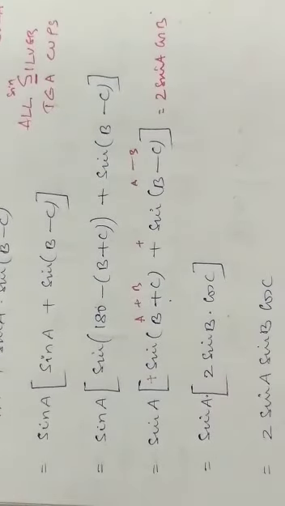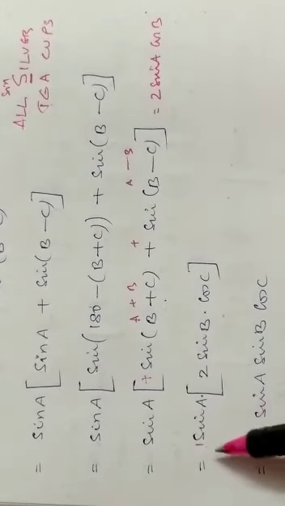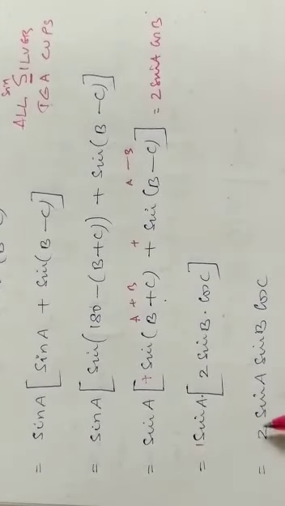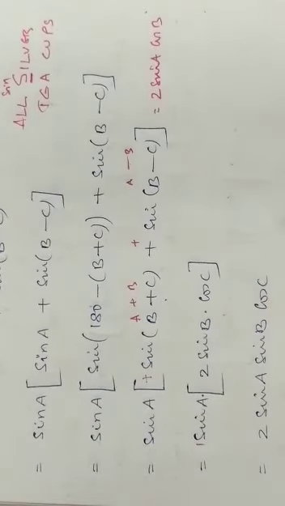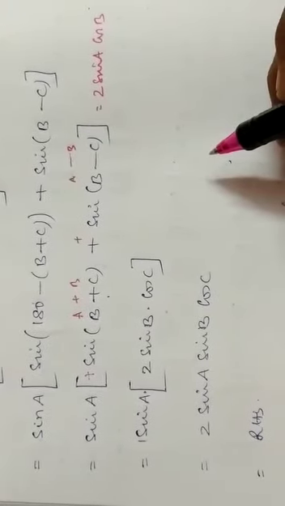So 1 into 2, 2. Put it in the order sin A, sin B, cos C, which is nothing but our RHS.